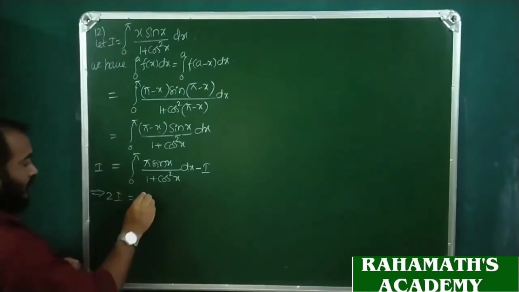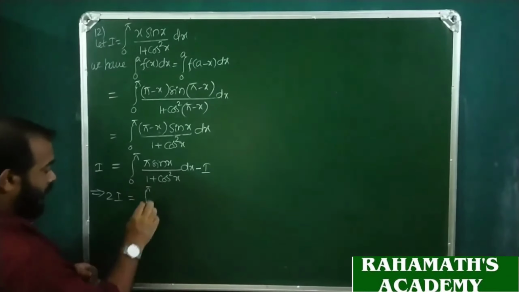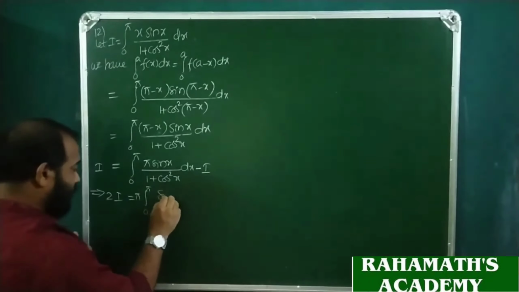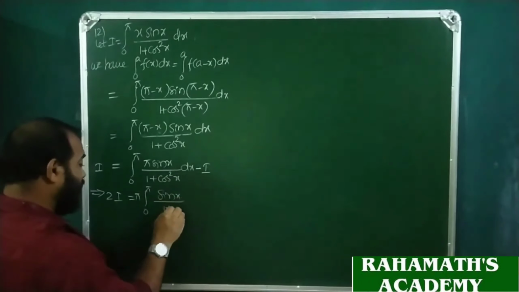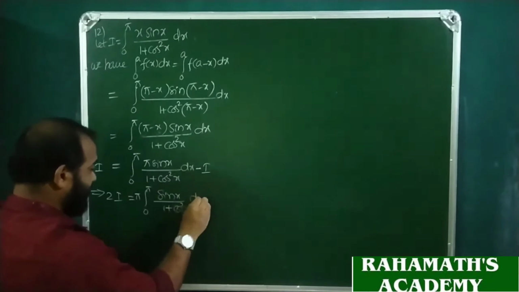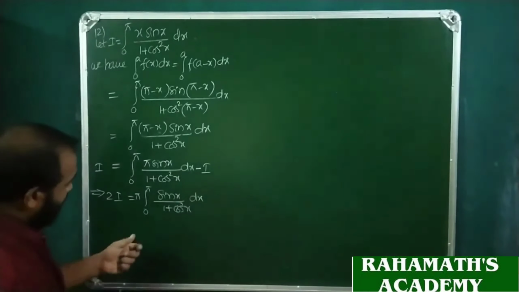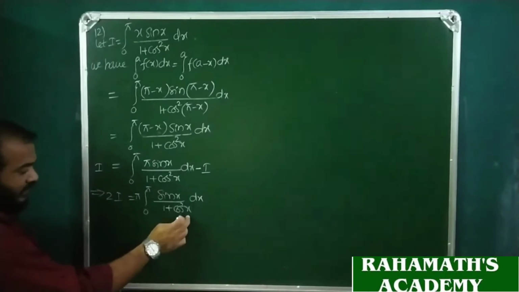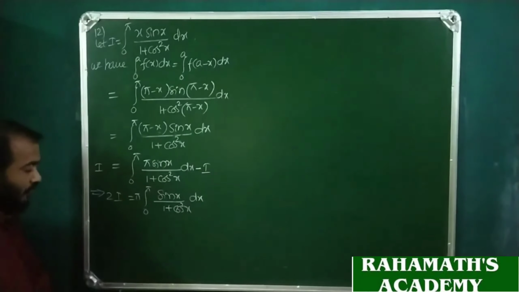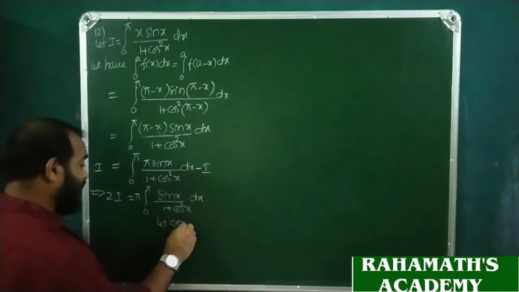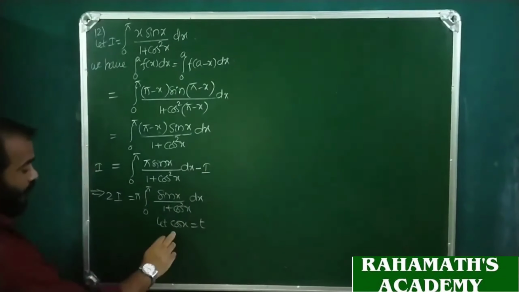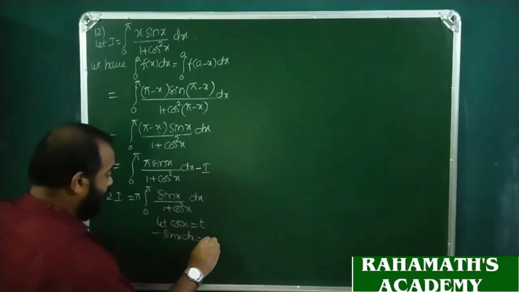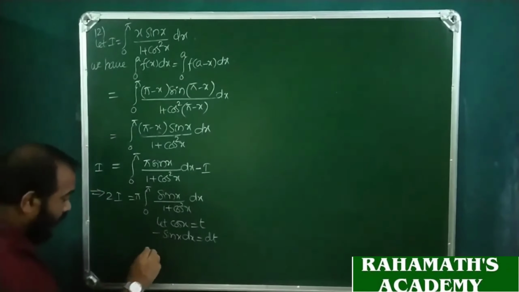So 2I is equals to integral 0 to pi, if I take pi outside the integration, sin x by 1 plus cos square x dx. Let us choose some substitution here, because if I take cos x as t, minus sin x dx is dt. Therefore let cos x is equals to t. So if cos x is equals to t, minus sin x dx is equals to dt.